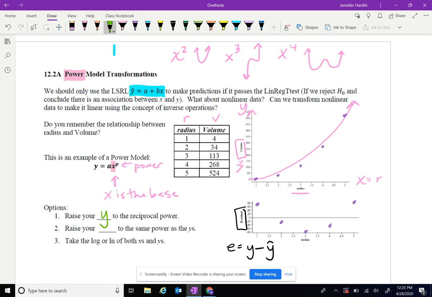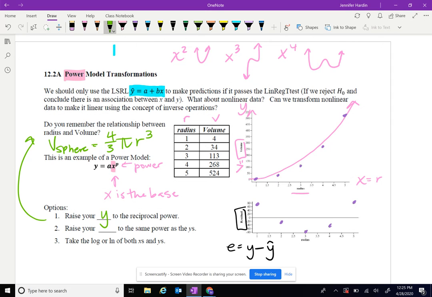So if you remember that relationship between radius and volume, I assume since it's radius, it's either a sphere or a cylinder. If you look at the volume for a sphere, this would be 4/3 pi r cubed.